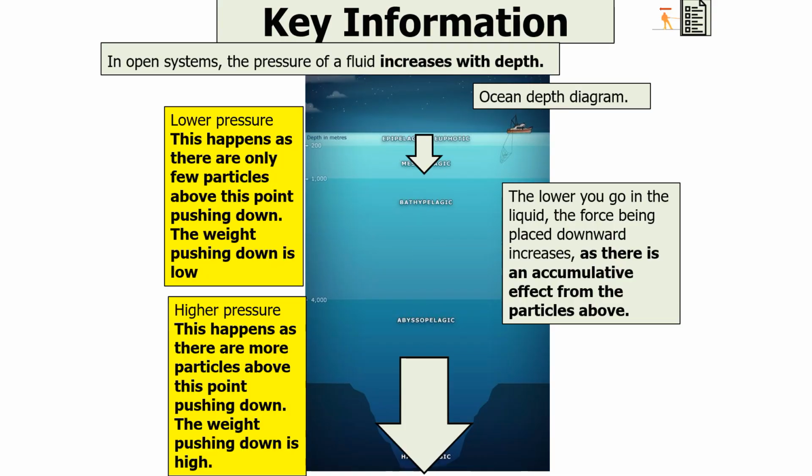At the top of the fluid there's a lower pressure, because there are only a few particles above that point pushing down, so the weight pushing down is low. But at the bottom we have a higher pressure because there are more particles above that point pushing downwards, so the weight pushing down is high.